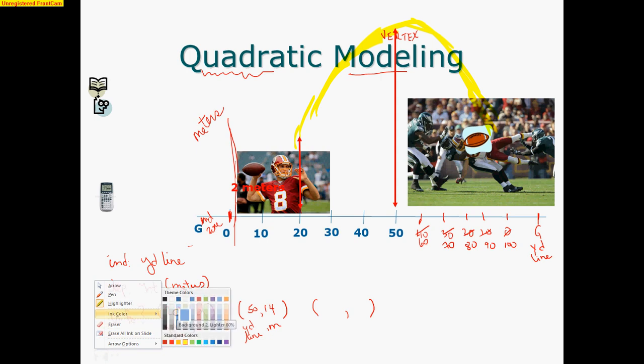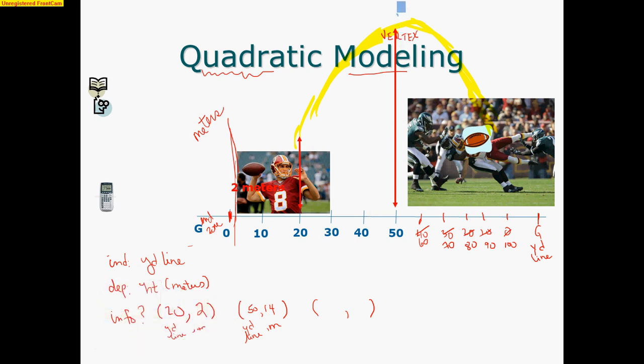This is where the properties of quadratics come in handy. Through the vertex is what? What did I always make you draw? That's the vertex. What is true? This is the line of what?